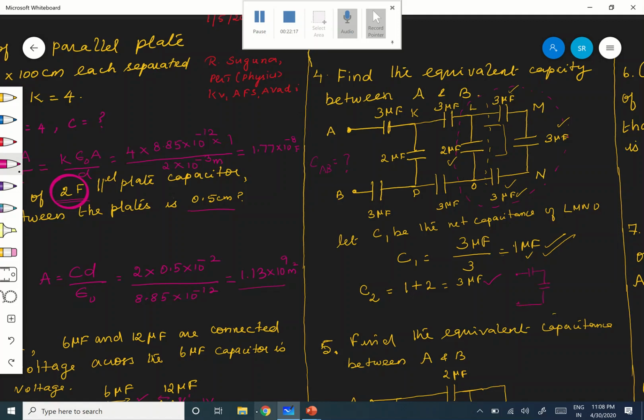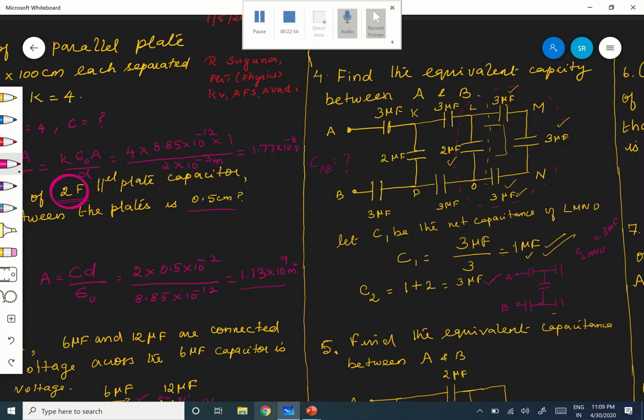Now my circuit network is reduced. Here also, and after that here is 3. Here is 3. Now whole C, L, M, N, O, everything together is nothing but 3 microfarad.